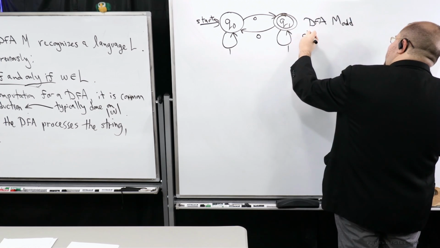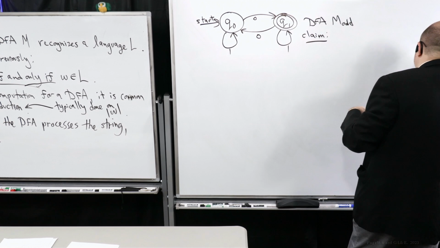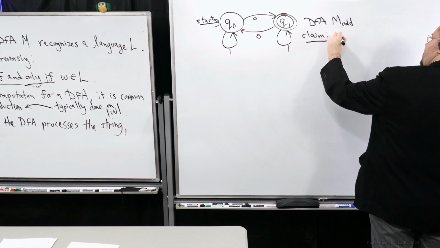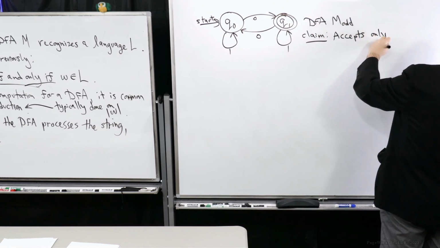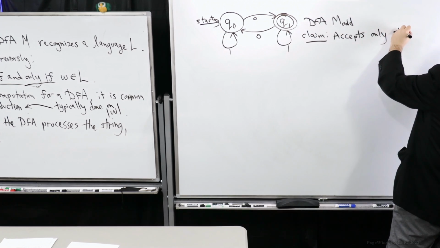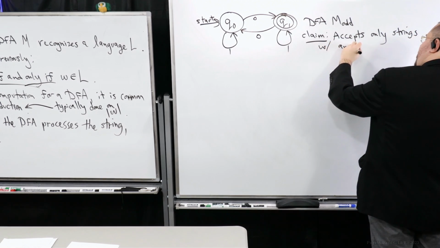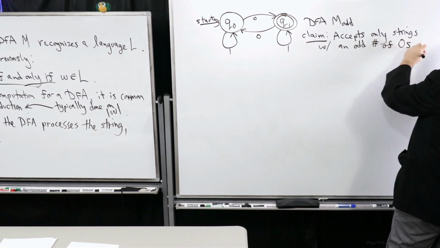So the claim is that this accepts only strings with an odd number of zeros.